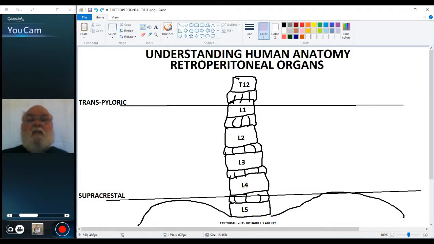I'll sketch in one other landmark. I'm going to sketch it in gray so it will kind of disappear as we continue the diagram. The umbilicus. And the umbilicus is right here at L4.